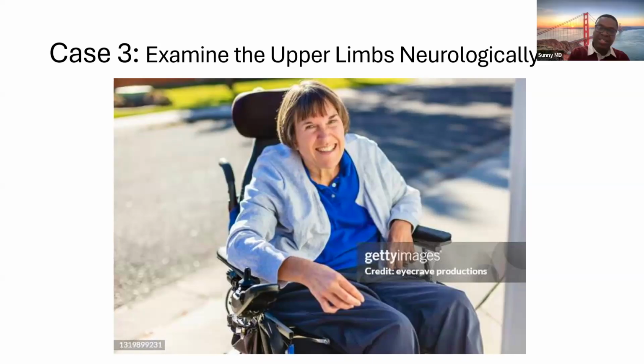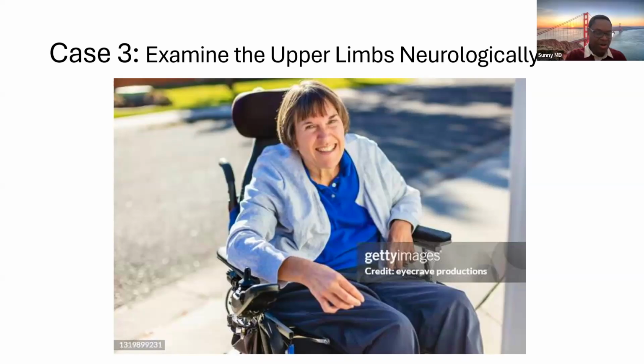There is some drift. There's pronator drift on the left side. I'd then like to have them keep their hands outstretched, cock their wrists back to assess for flapping, and look at the back for any scars or any winging of the scapula. She doesn't have any scars. I would then like to have her tap her index finger and thumb as fast as she can.